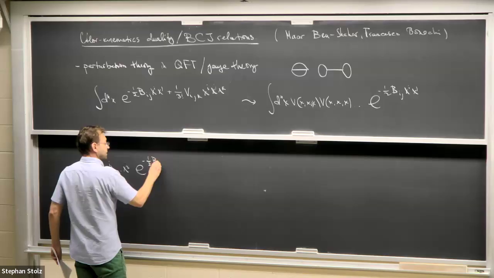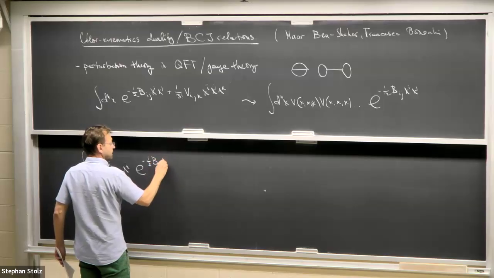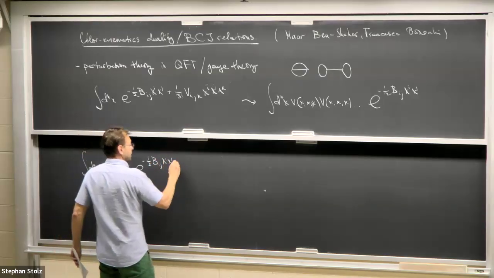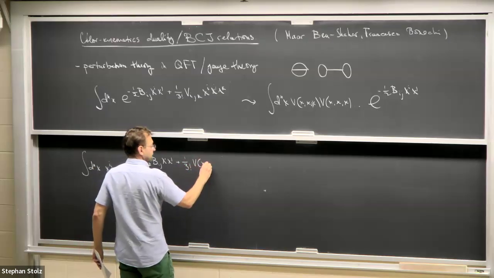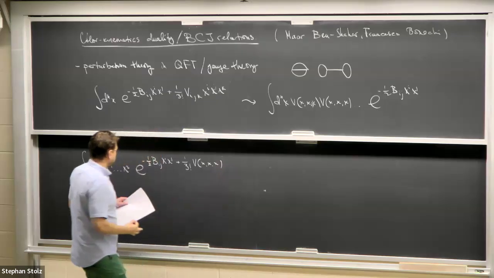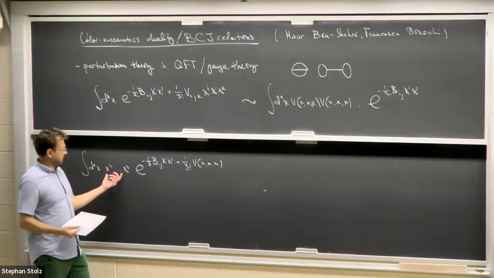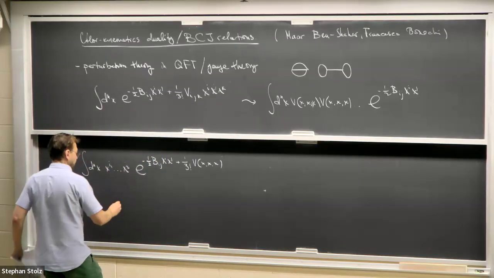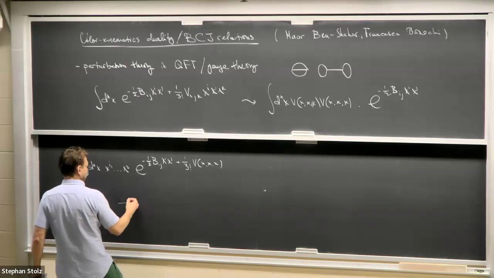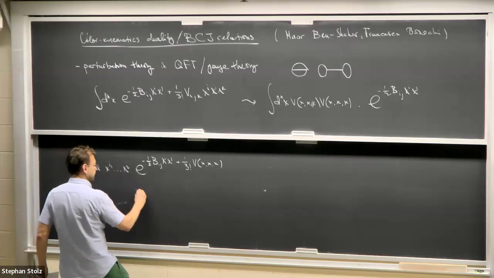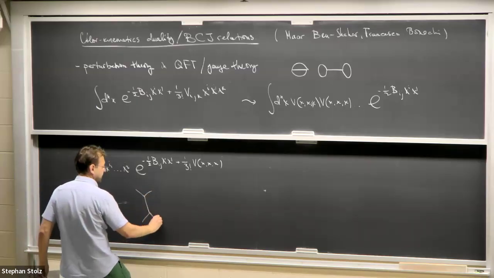While here, I will start to do this, 1 over 3 factorial. If I start to depict this diagrammatically, then these guys will have external legs. So for example, if I have 4 guys here, then I will have diagrams, for example, like this, etc.